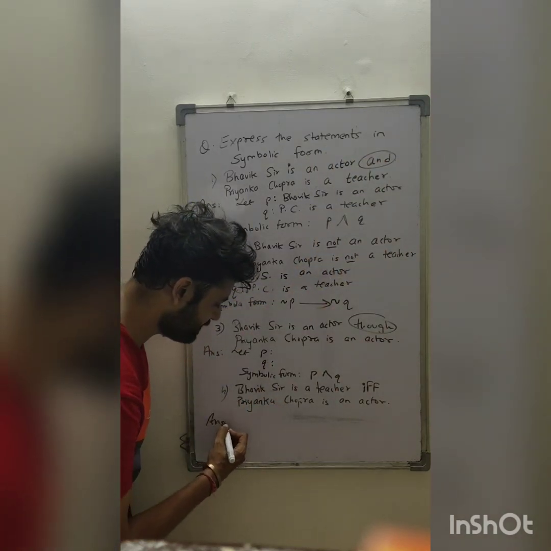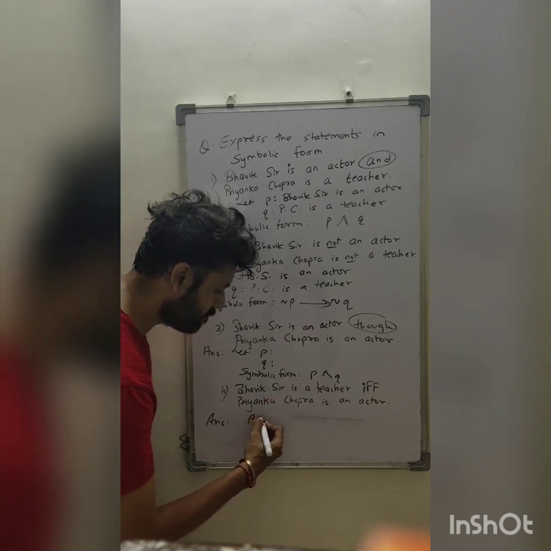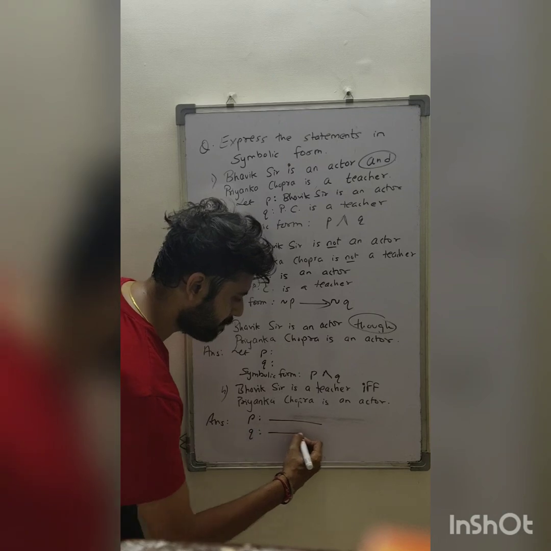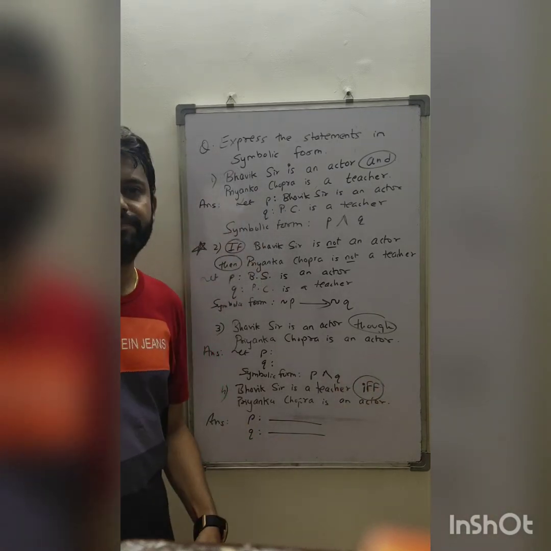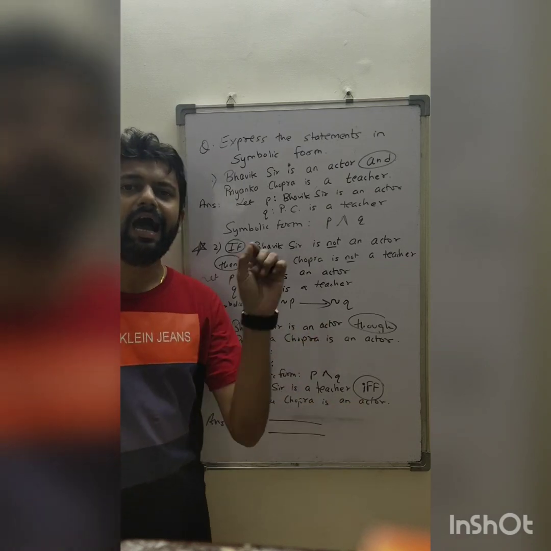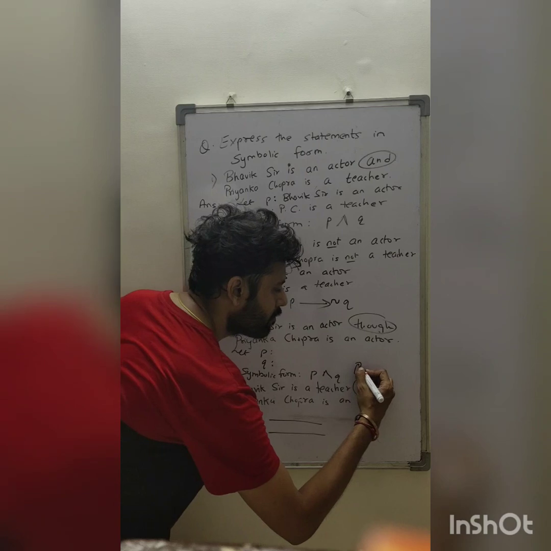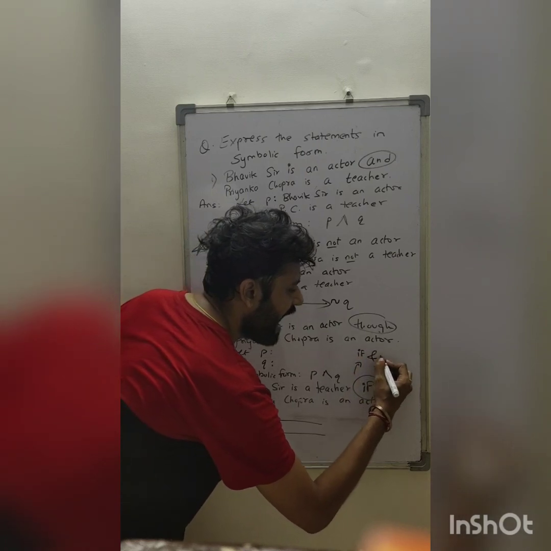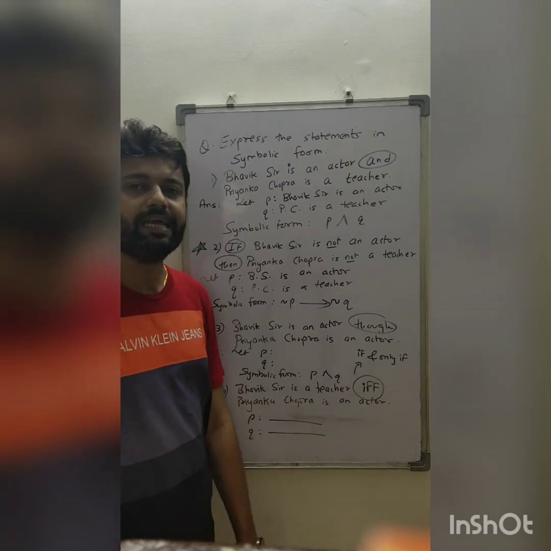The fourth statement. Let P is Bhavik sir is a teacher, let Q is Priyanka Chopra is an actor. This is the connective, yeah, IFF, which is read as if and only if.